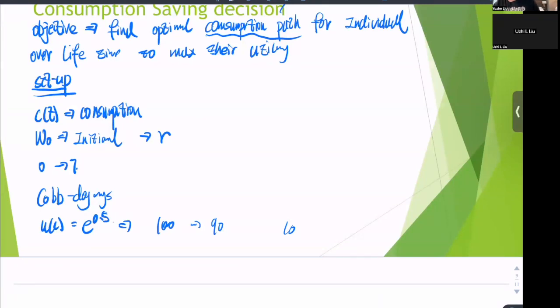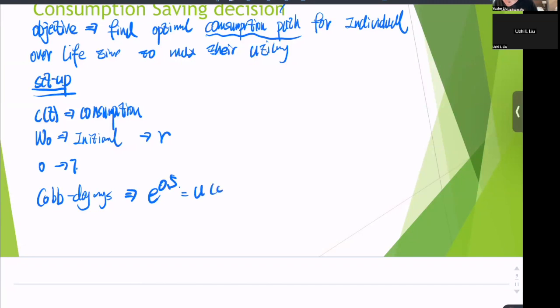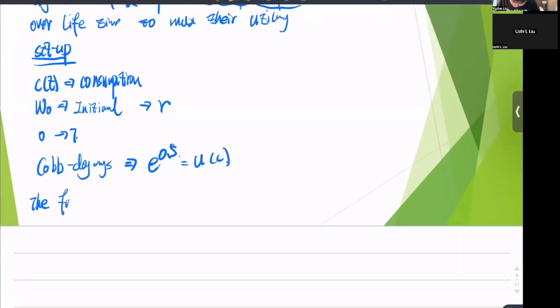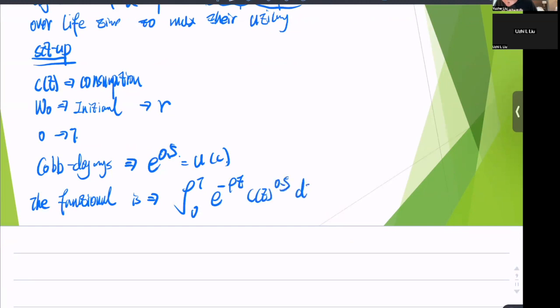So here we have a utility function, Cobb-Douglas, given by this. And the functional that we have to maximize is simply the integral from 0 to T, the life expectancy, of e to the minus rho t times u of c(t) dt.